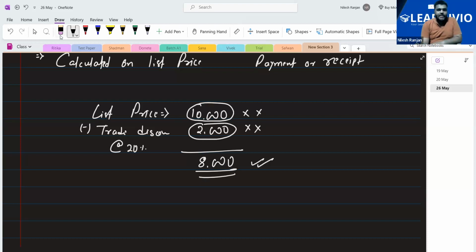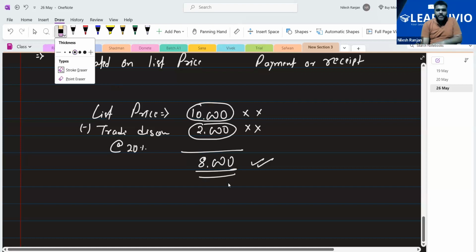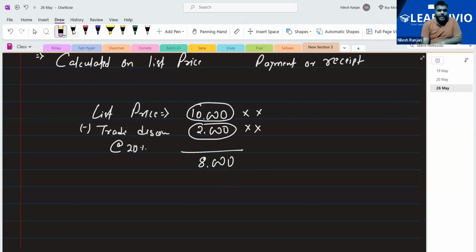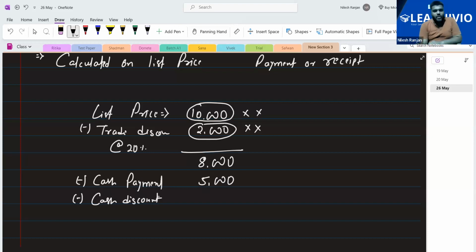Now, in 8,000, let's say the customer paid 5,000. So cash payment is 5,000 here. And cash discount is also 2%. So can you tell me the amount of cash discount?